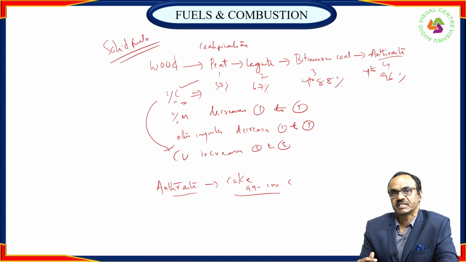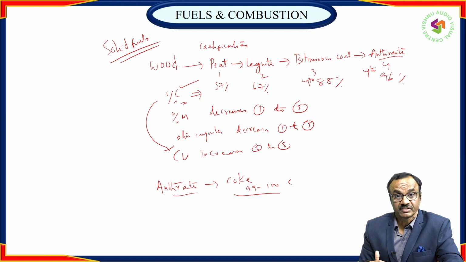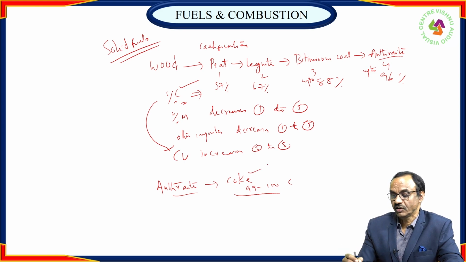Coke is a very essential solid fuel in metallurgical industries for the manufacture of alloys, where we need to maintain a temperature of about 2000 degrees centigrade in the furnace. To maintain that temperature in the furnace of a metallurgical industry, we use coke only. We get coke from anthracite, right?